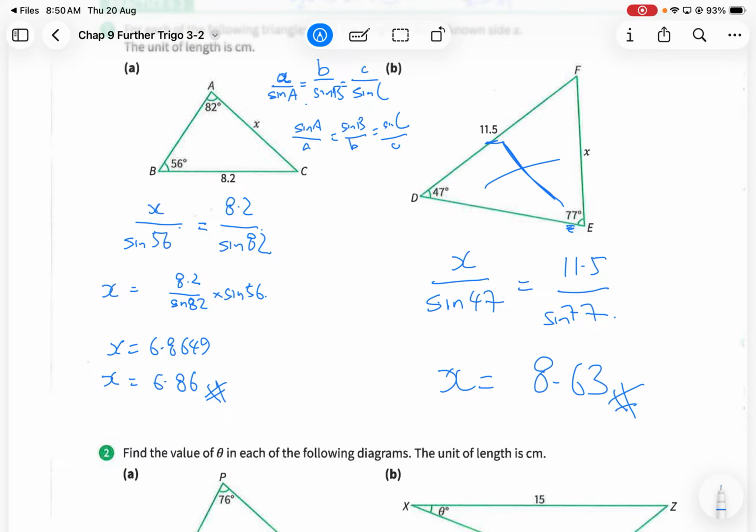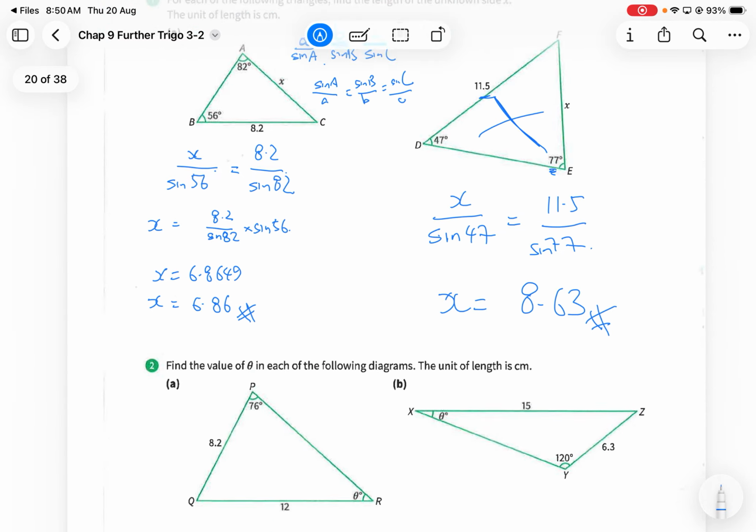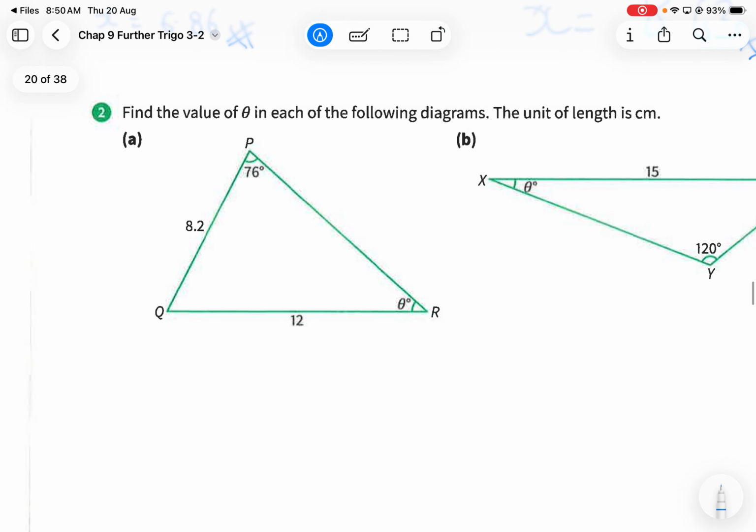So when you multiply, you remove this one, it comes across. Wow, so fast. Yes, correct.